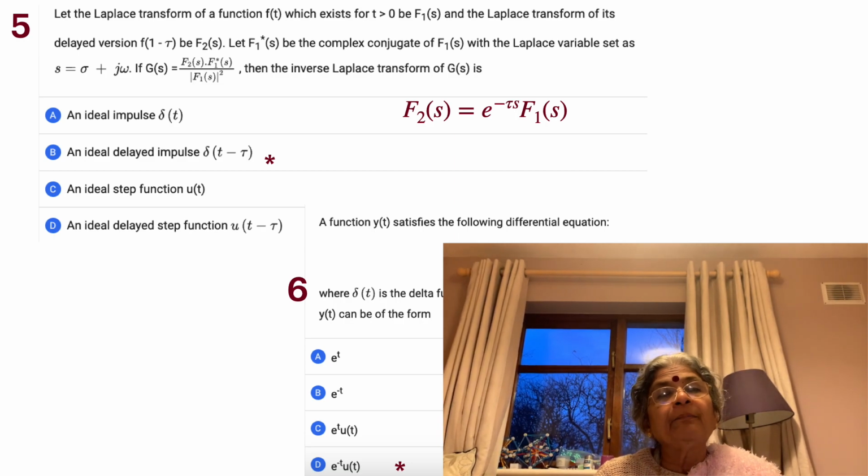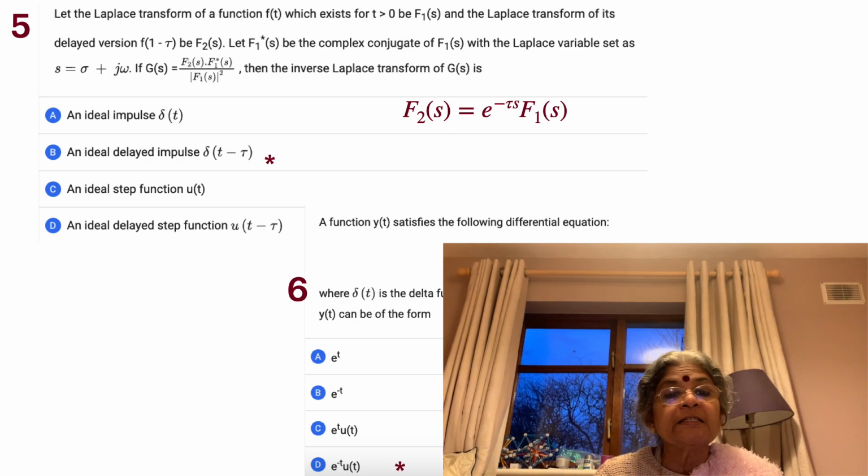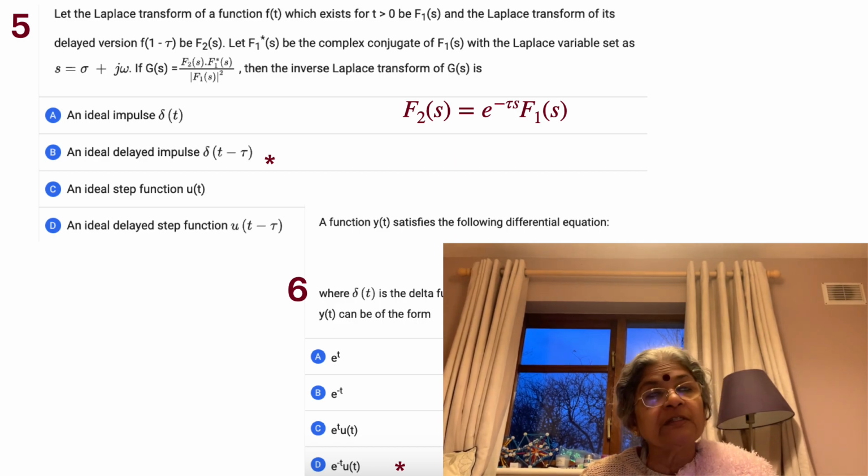If you multiply them together, you get a square plus b square. So on the numerator of G(s), we have not just a square plus b square, we also have e raised to minus tau s, because it is F2(s) multiplied by F1 star(s), where F2(s) is equal to e raised to minus tau s times F1(s). On the denominator we have the magnitude of F1(s) squared.